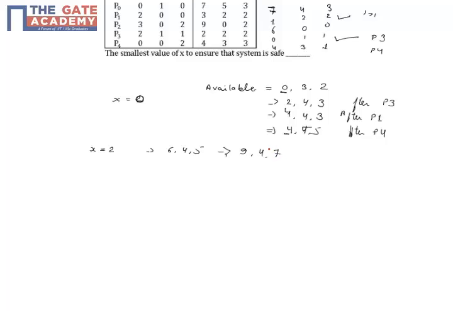With the help of 9, 4, 7 I can execute my process P0 also. So my x should be 2 so that my system will be in the safe state. Answer is 2.